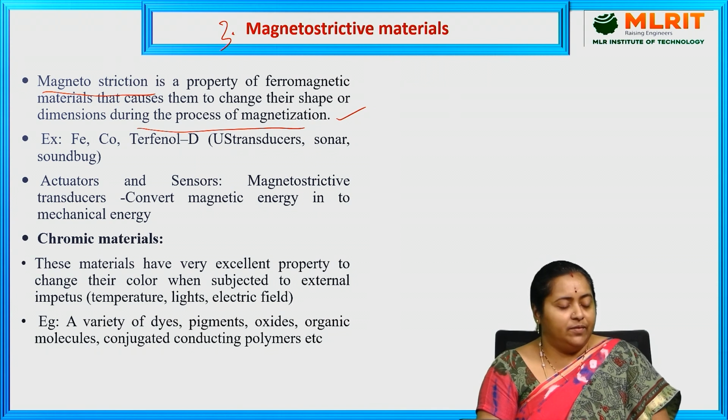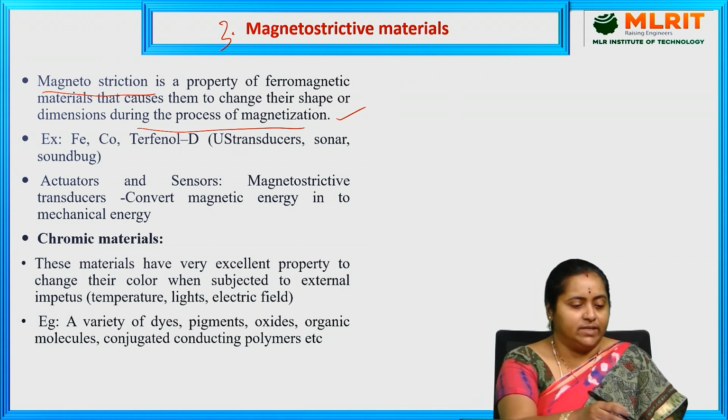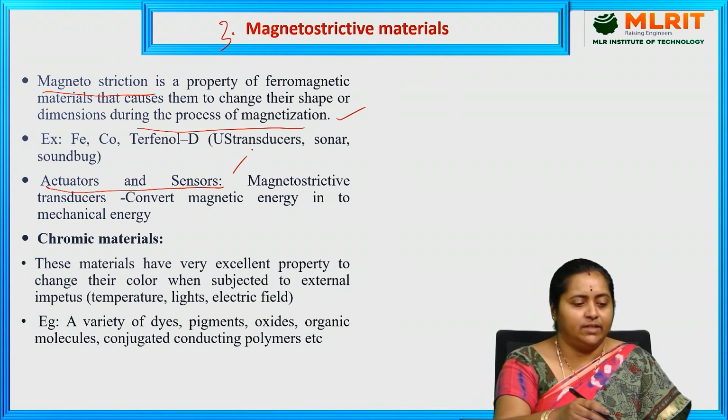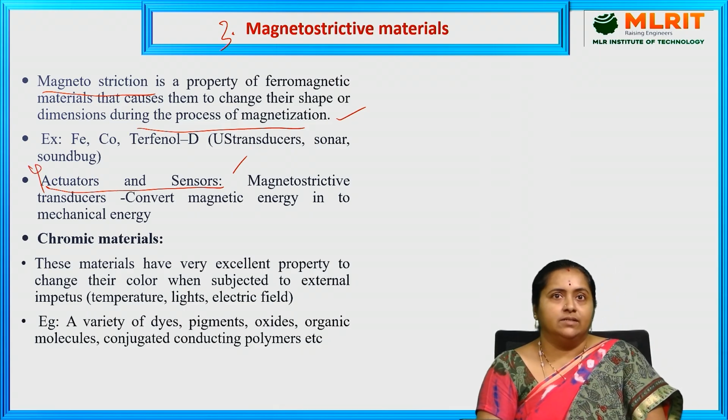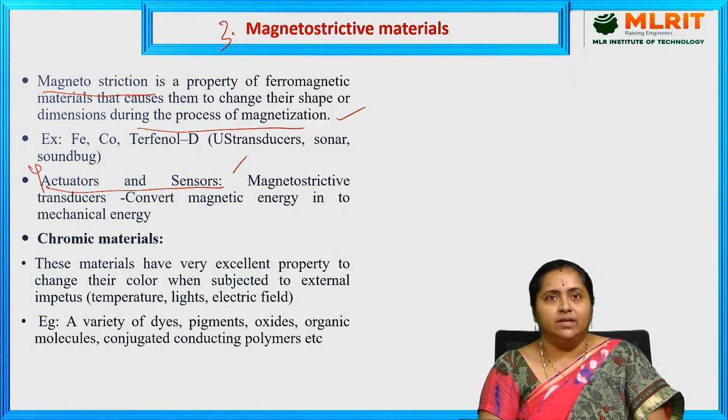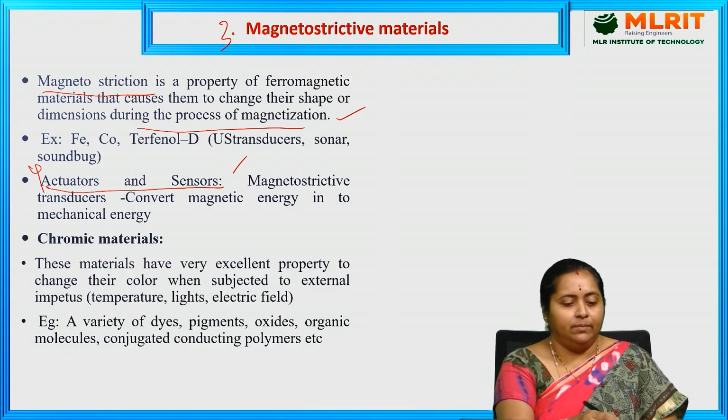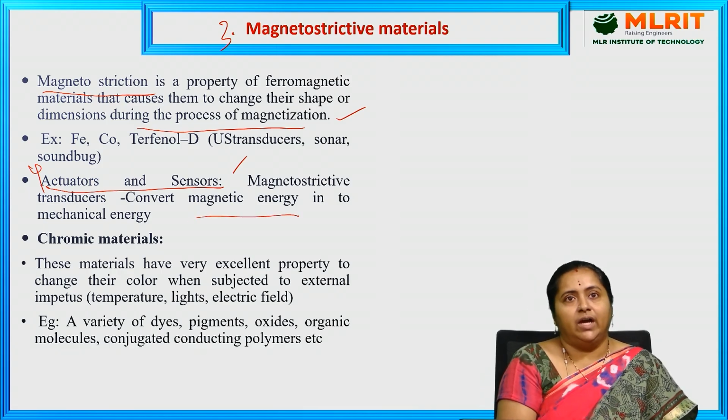And then actuators and sensors. Another category, number 4, is actuators and sensors. These generally include magnetostrictive materials or transducers, which are able to convert magnetic energy into mechanical energy.